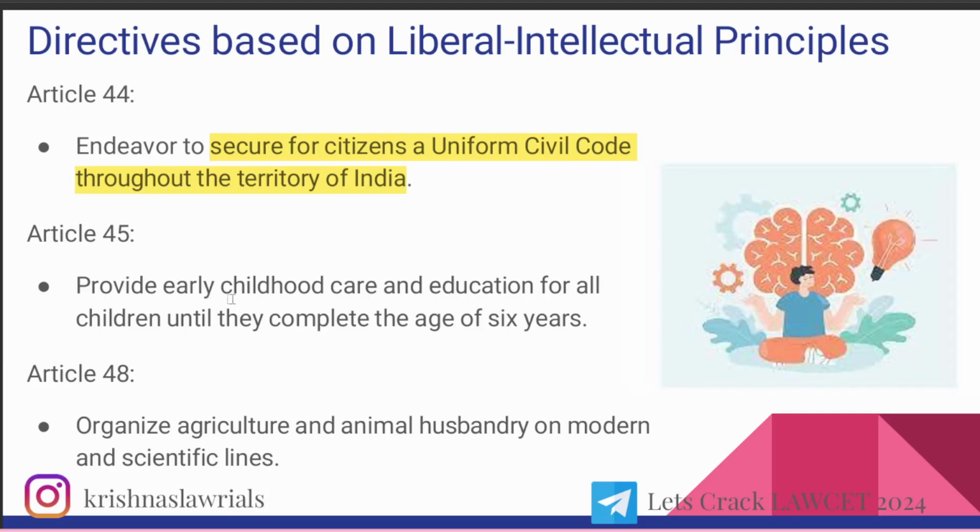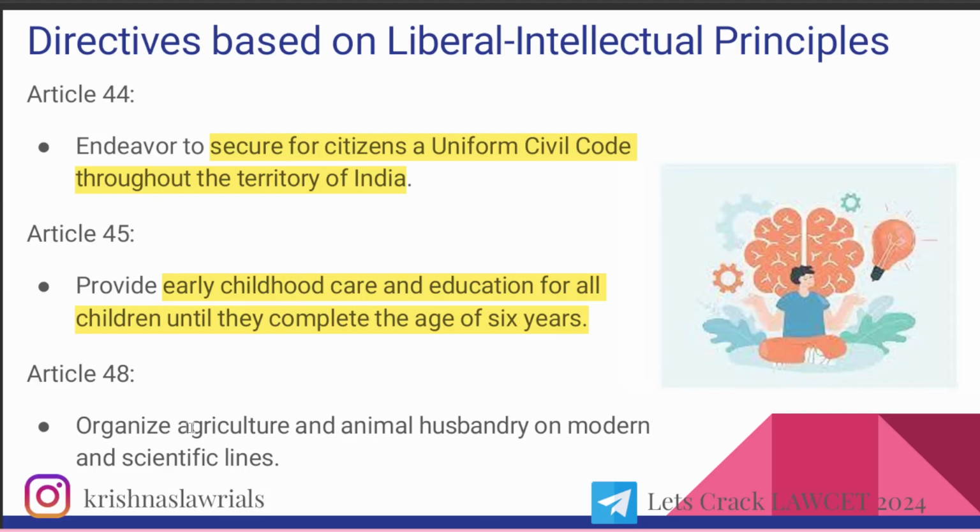Under Article 45, it's saying provide early childhood care and education for all children until they complete the age of 6 years. So here under Article 45, from 6 to 14 we have free education, but before 6 every child should be provided with early childhood care.